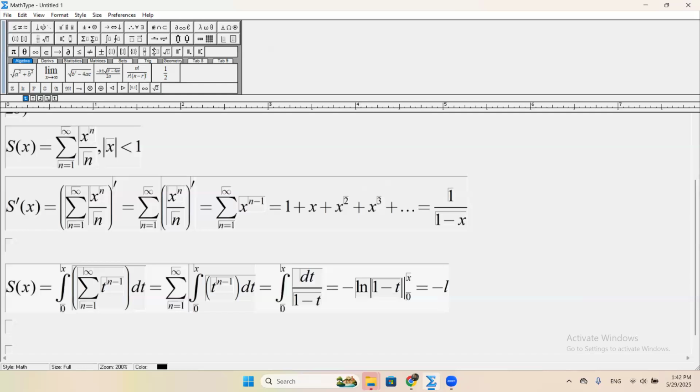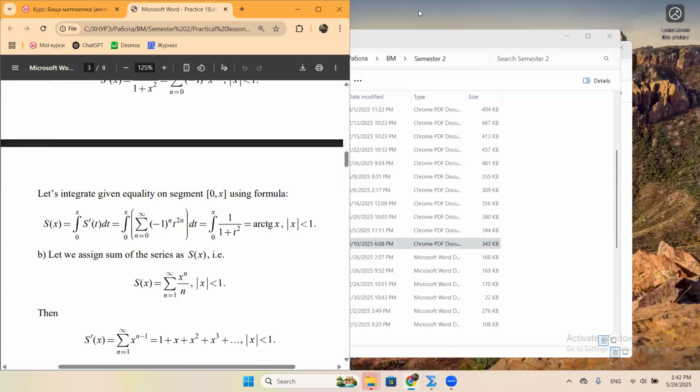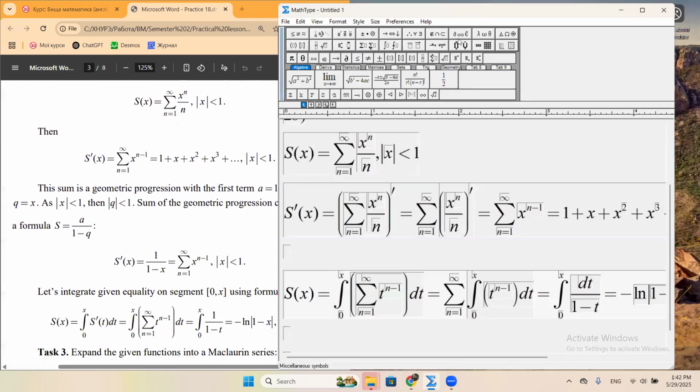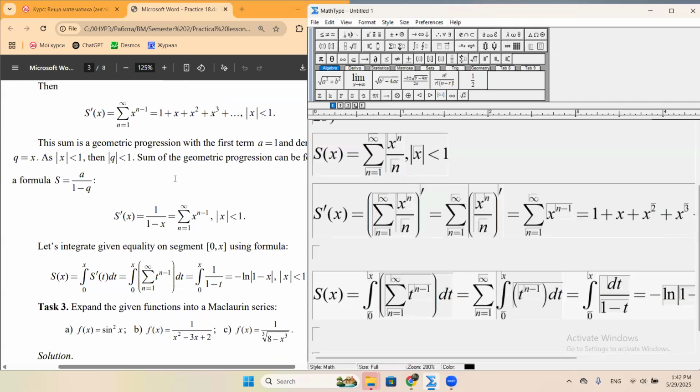And it equals minus logarithm of modulo 1 minus x. But as we know that modulo of x is less than 1, we can just write down brackets. So we know that under the logarithm is a positive expression. And let's check here. Yeah, so actually the minus logarithm. Any questions about this exercise?